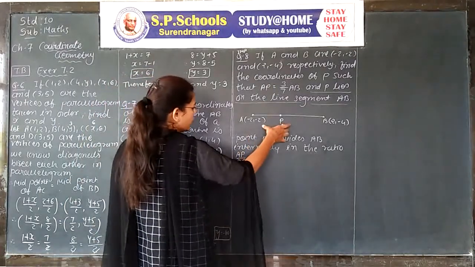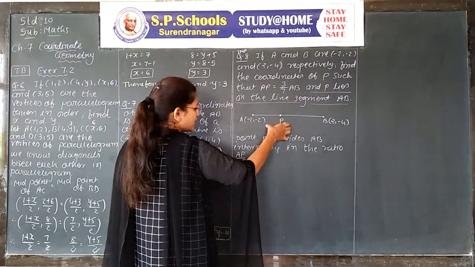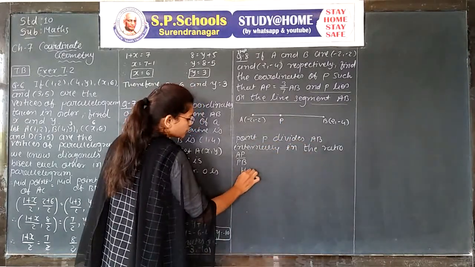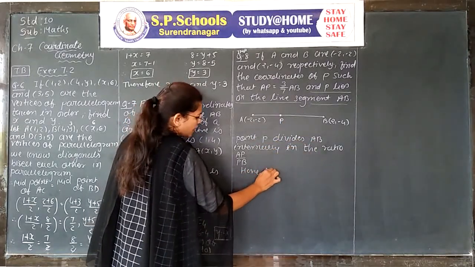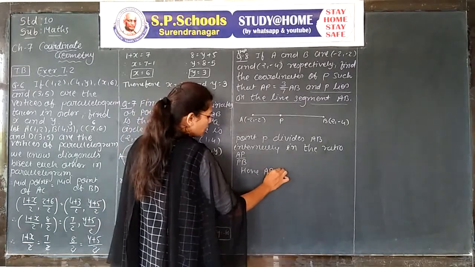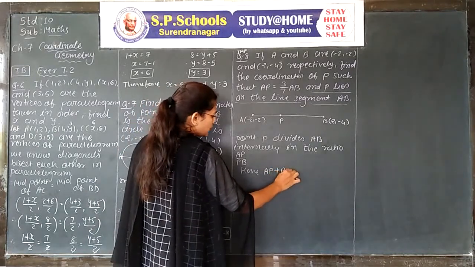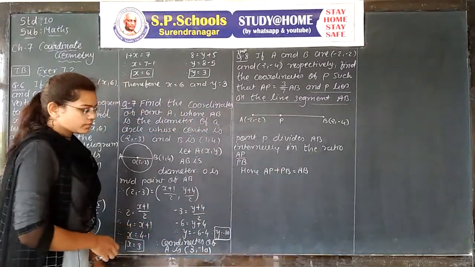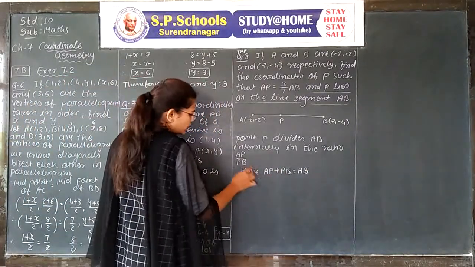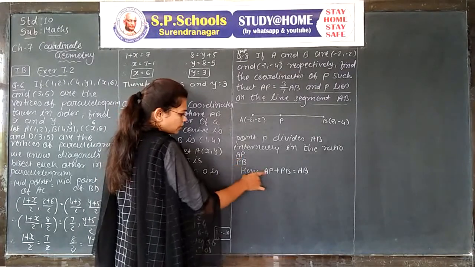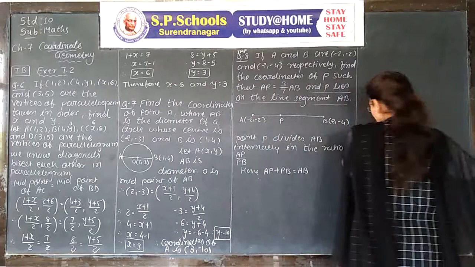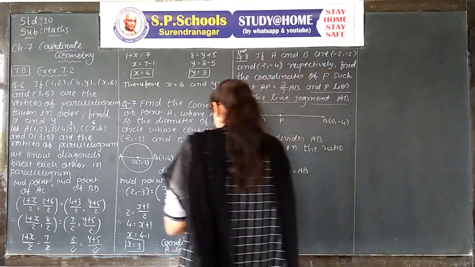For that we use the fact that A, P and B are collinear points. That's why AP plus PB gives whole AB. We require only AP and PB.